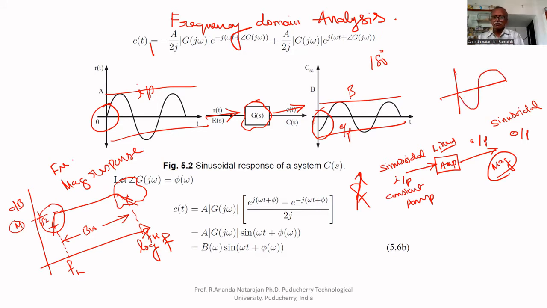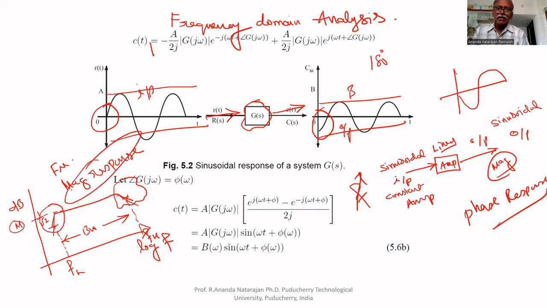If you measure the phase shift for different frequencies and draw the response, it is called the phase response.